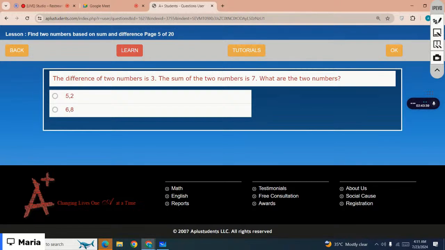The difference between two numbers is 3. The sum of these numbers is 7. What are the two numbers? So which is the correct option?